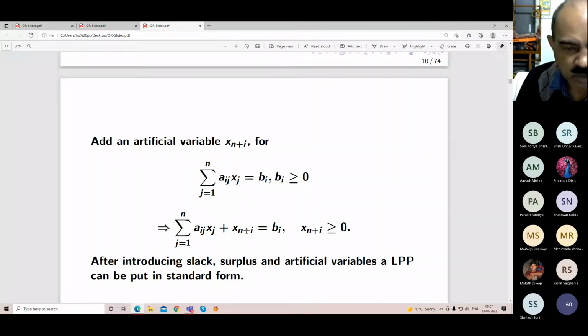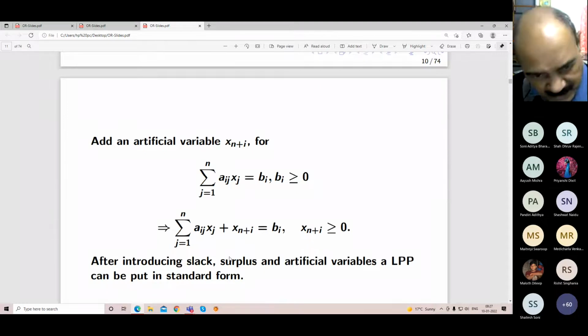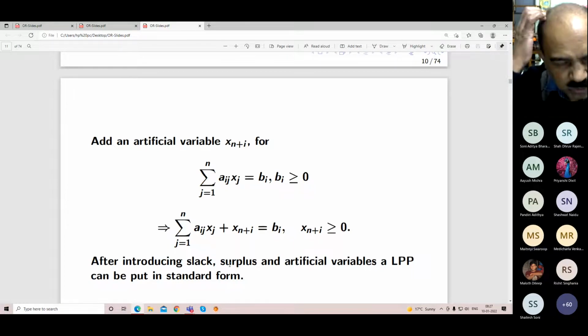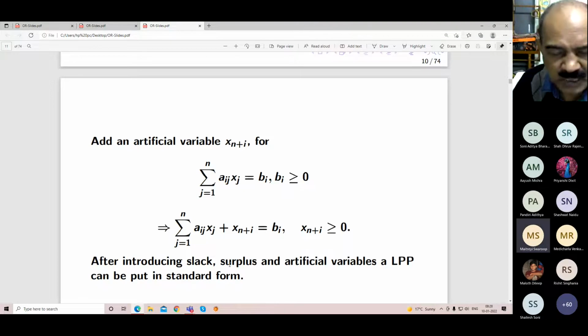If there is an inequation of type 2, then we subtract a surplus variable, then add an artificial variable. If there is an equation, we also add an artificial variable. This we have to do to solve a linear programming problem.